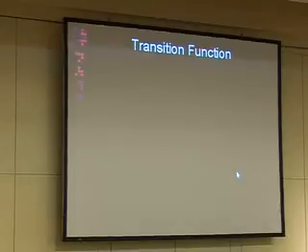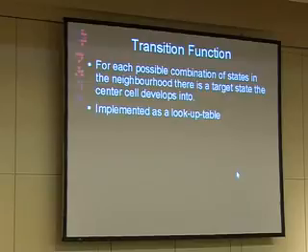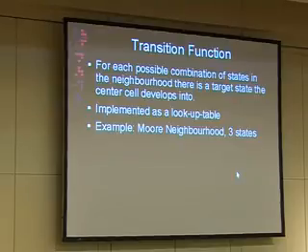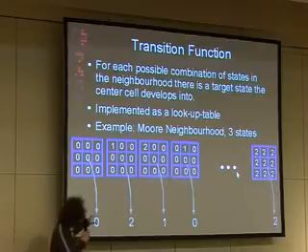And how is this influence really modeled? Think about it. For each possible combination of states in the neighboring cells, you have one target state the center cell develops into. And this is simply implemented as a lookup table. An example: let's take the Moore neighborhood with 3 states. Then for each possible neighborhood, we have one target state.